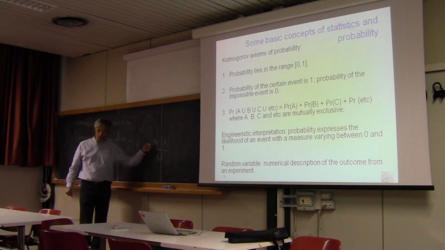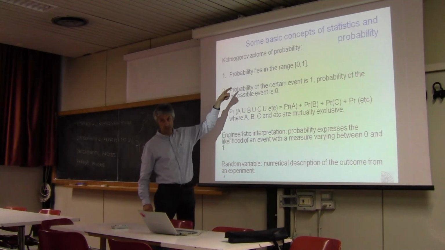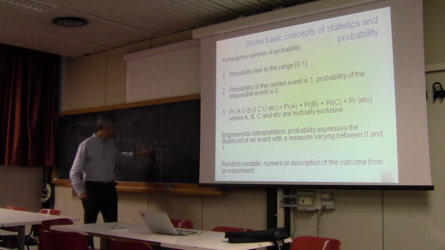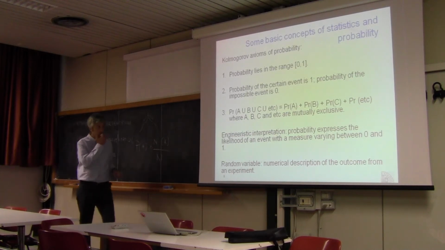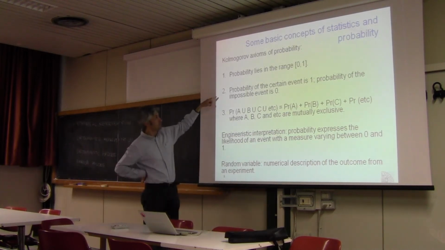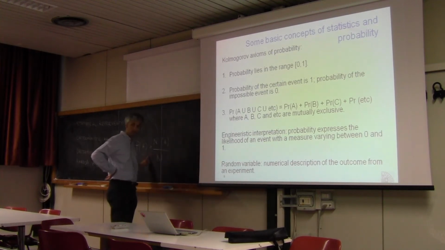This is the frequency of occurrence of A. So the frequency of occurrence is an estimate of probability for a frequentist. And so you can understand the meaning of the word frequentist. And you see that axiom 1 is satisfied. You won't get here a result that is lower than 0 or greater than 1. The second is of course satisfied if you look at this definition.